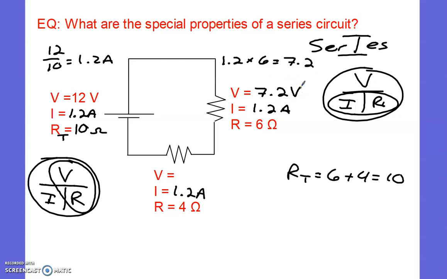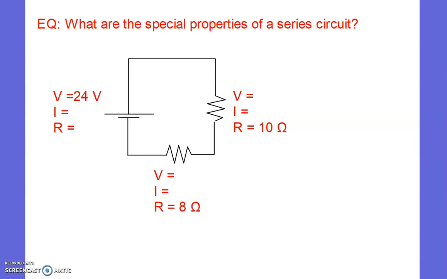Same thing here, we know I and R, so we are going to multiply to get the voltage. I want you to try this next one on your own. I want you to pause the video, try to solve it, and once you're ready, unpause and see how well you did.